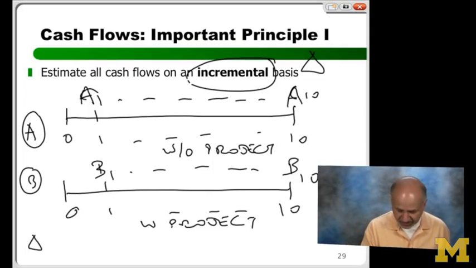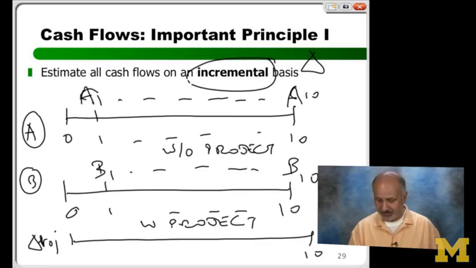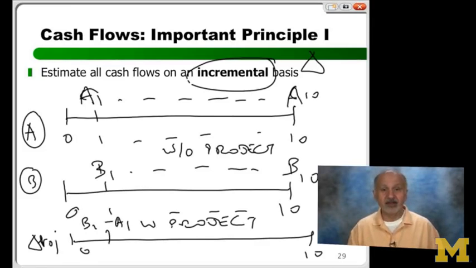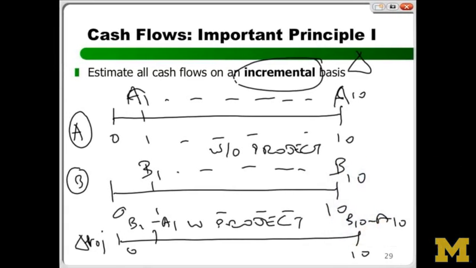So what does delta project mean? Delta project means what? Just think about it. B1 minus A1, B10 minus A10. So the value you're creating is not B1, not B10.